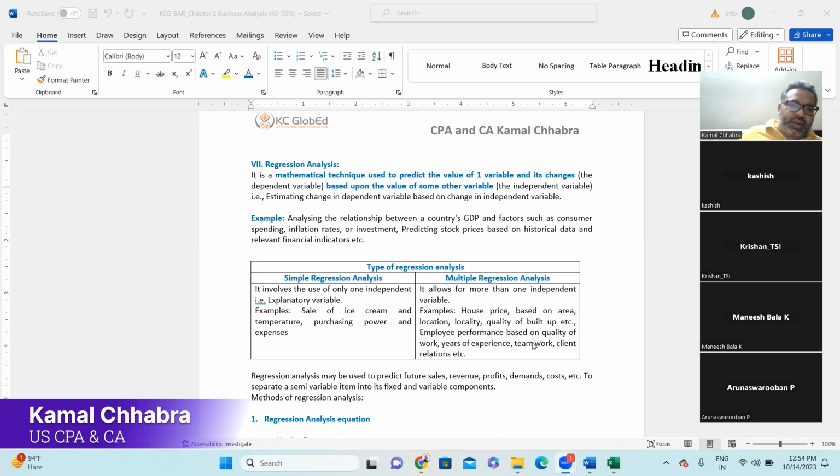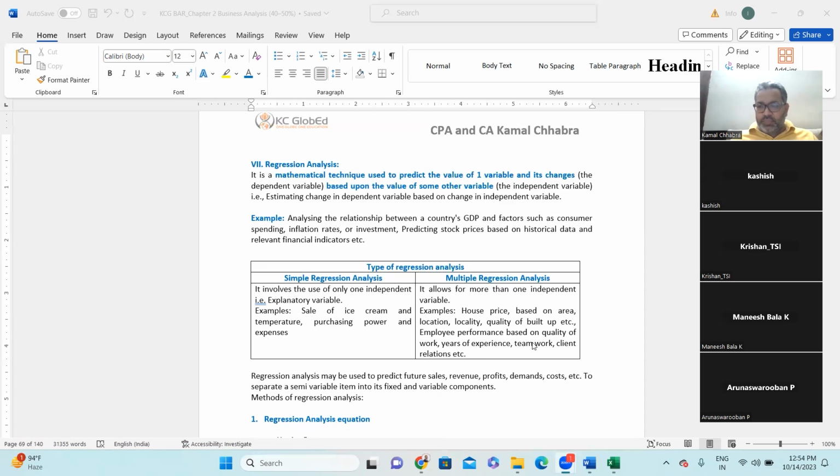When you are analyzing the expected GDP of any country, what factors will you keep in mind? One is consumer spending power, consumer earnings, inflation rate, and the investment coming into the country or infusing into the economy. Those factors will help you identify the future GDP of that country. Make sense?